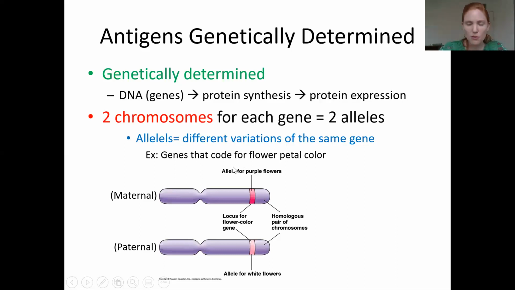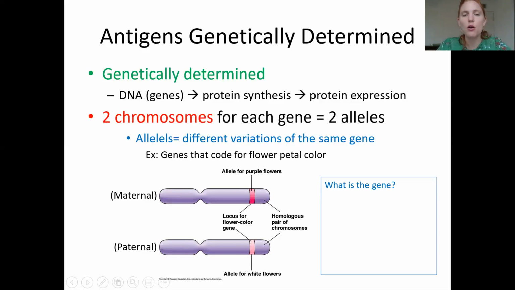So just to simplify this, let's say we're looking at flowers. For those flowers, there's one gene that codes for the color of the petals. Some of those flowers can have purple petals, and some of those flowers will have white petals. So the gene in this scenario would just be petal color. It codes for that very specific physical trait.